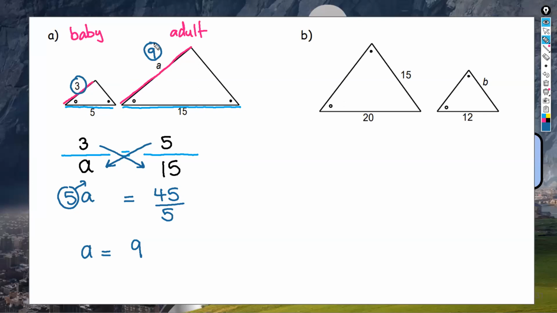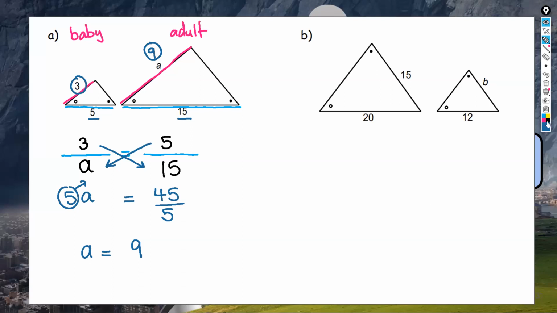How much times larger did it get? 3 times larger. Even if we take the 5, well, that's a silly question. It went to 15. So the sides got 3 times larger.